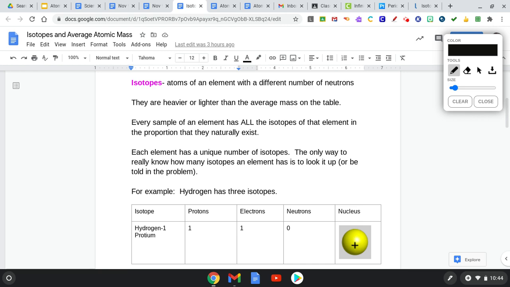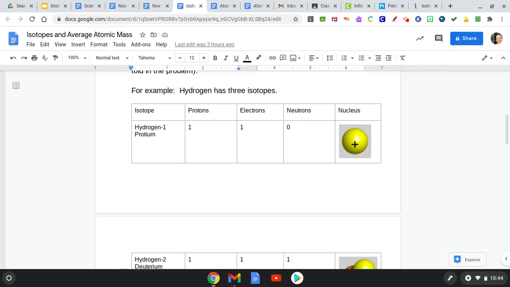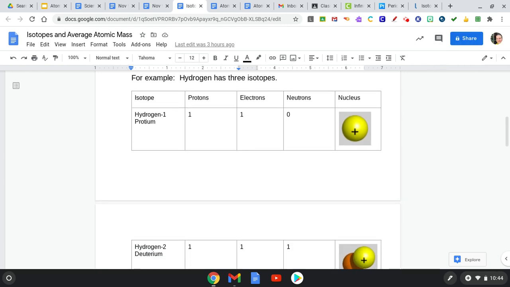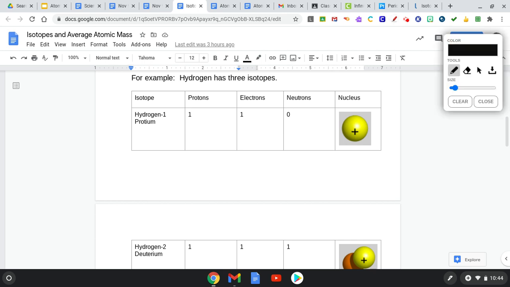An example of this might be hydrogen. Hydrogen has 3 isotopes, for example. So hydrogen's also unique in that the 3 major isotopes of hydrogen have names. Most isotopes do not. We would say hydrogen 1, but hydrogen 1 also is called protium, and it has 1 proton, 1 electron, and 0 neutrons.